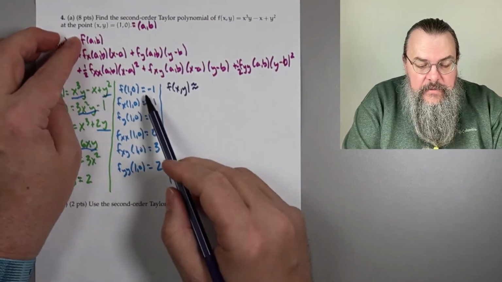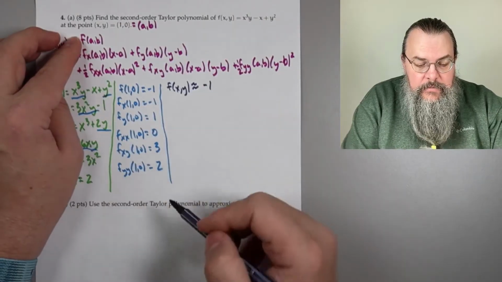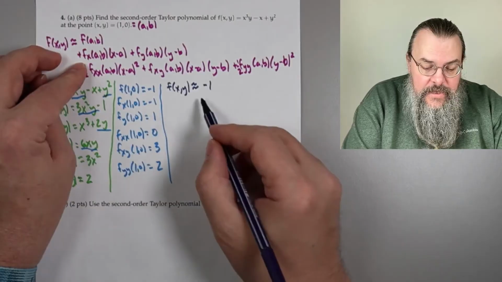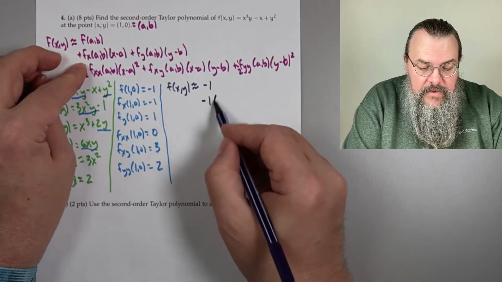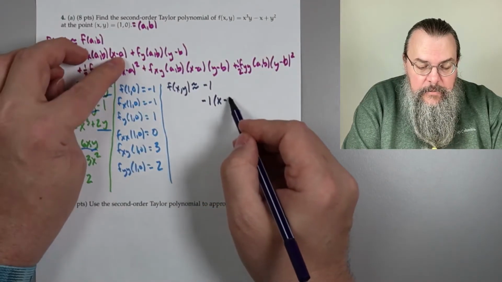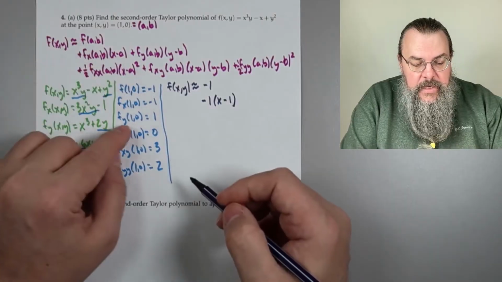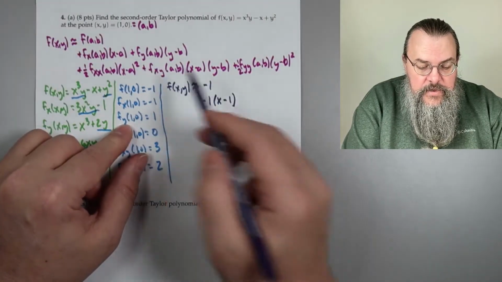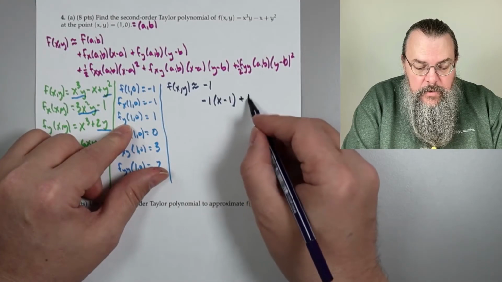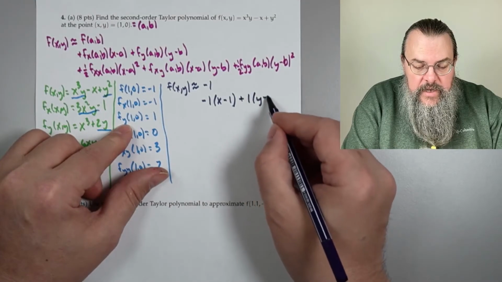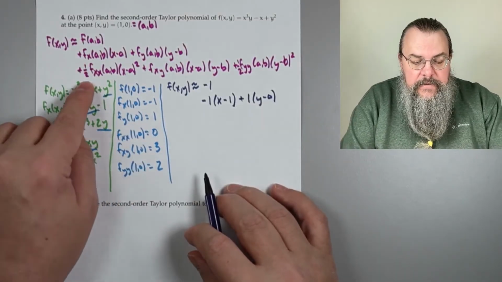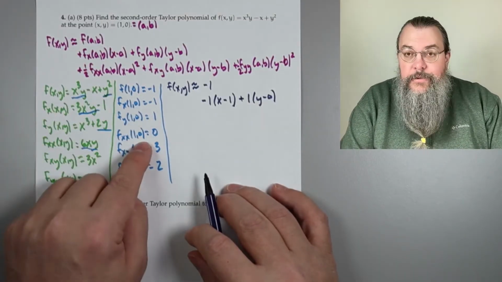So the function, minus 1. Now we have f sub x, which is minus 1, times (x minus a), x minus 1. f sub y at (1, 0), which is 1, so plus 1 times (y minus 0). Okay, so that's that, plus 1/2 f_xx, which is 0.